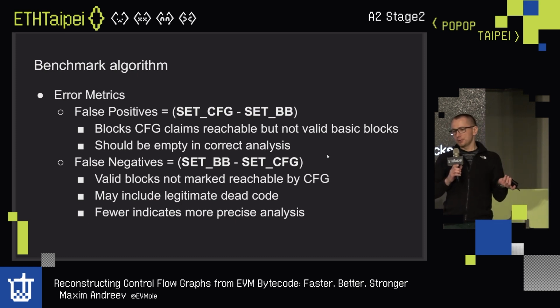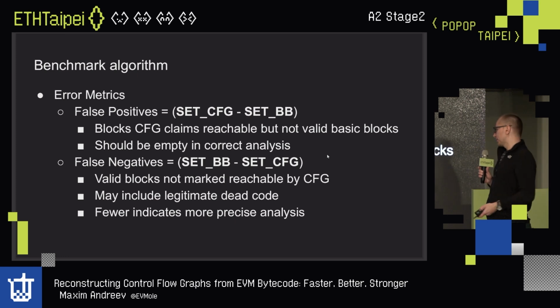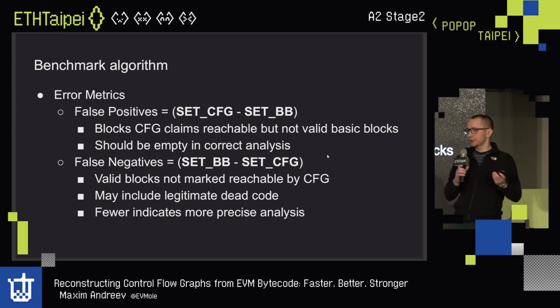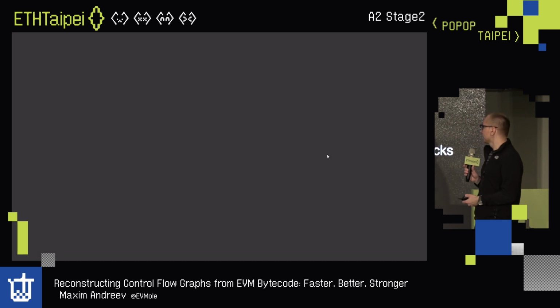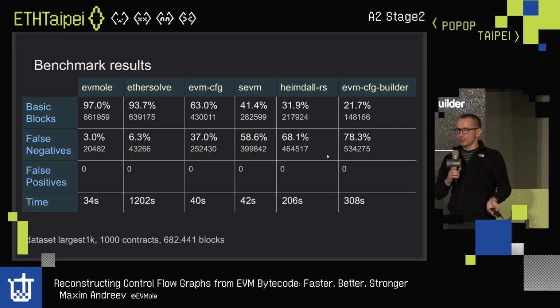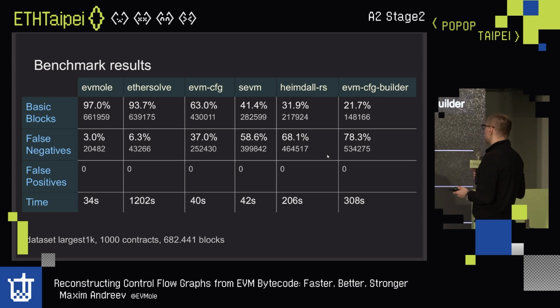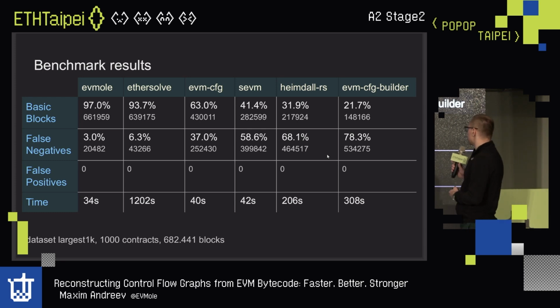So it's not good, but anyway, I assume that fewer false negatives, if we compare different algorithms, usually indicates a more precise analysis. Based on this, I benchmarked every tool I mentioned before and got these results.